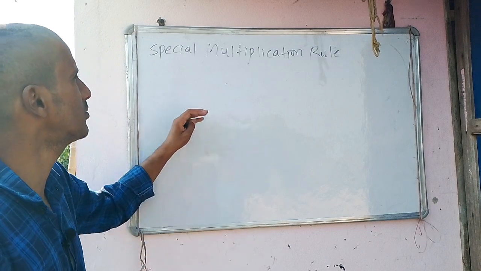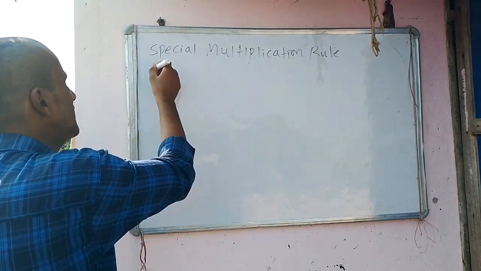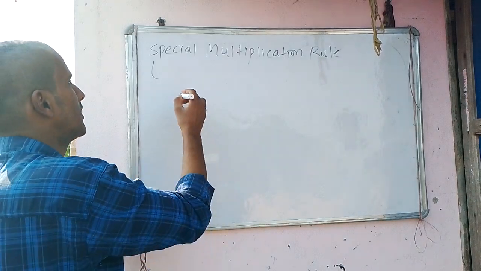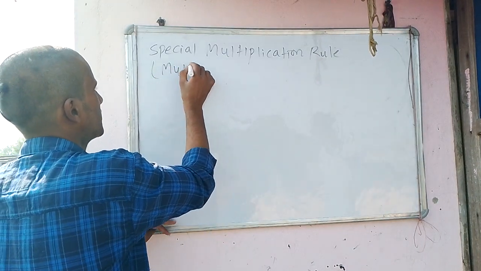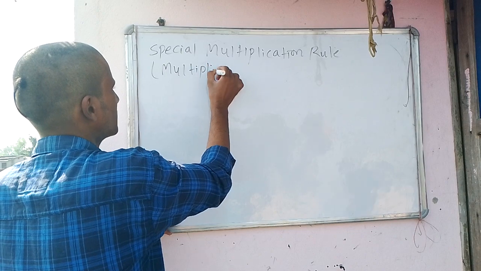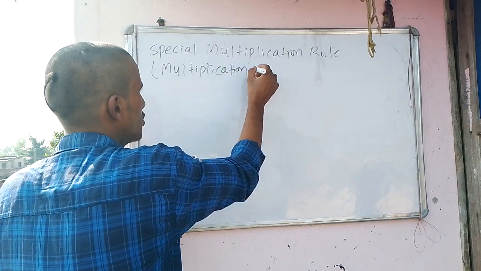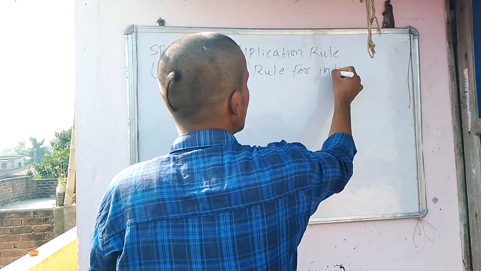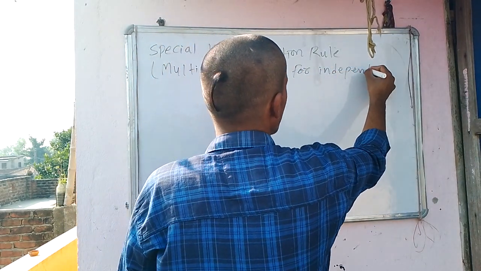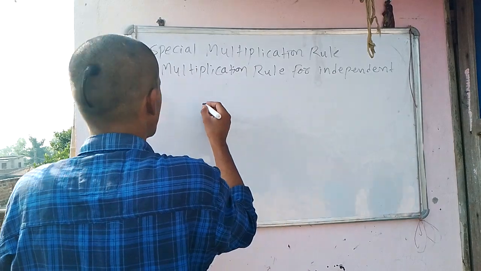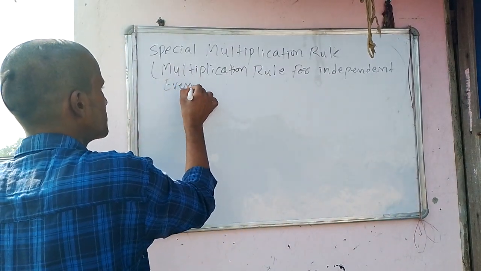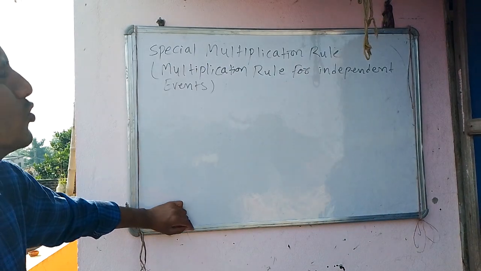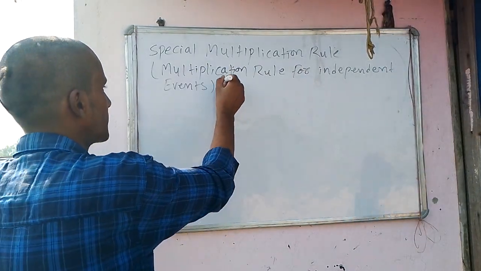By special multiplication rule, what I mean is the multiplication rule for independent events. Does that make sense?